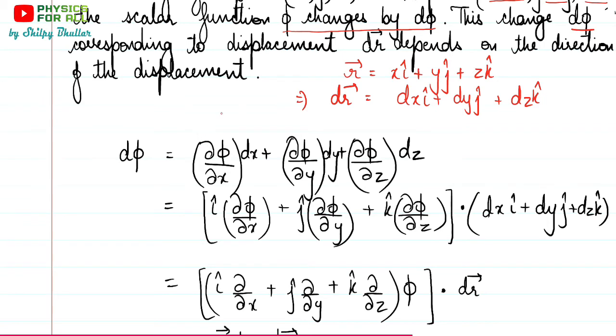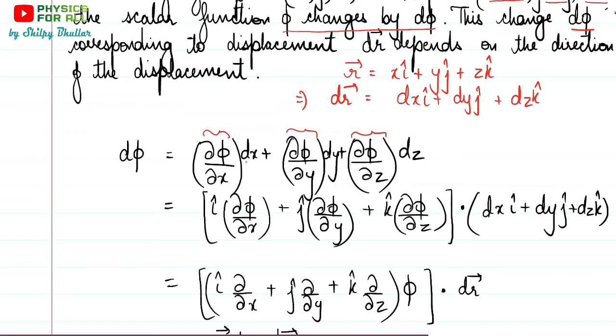We know why we have included these three terms, because phi depends on x, y, and z. If it depends on more than one variable, we have to take partial differentiation, because we cannot say that phi depends on one particular variable. It depends on x partially, y partially, and z partially. So that's why it is there.